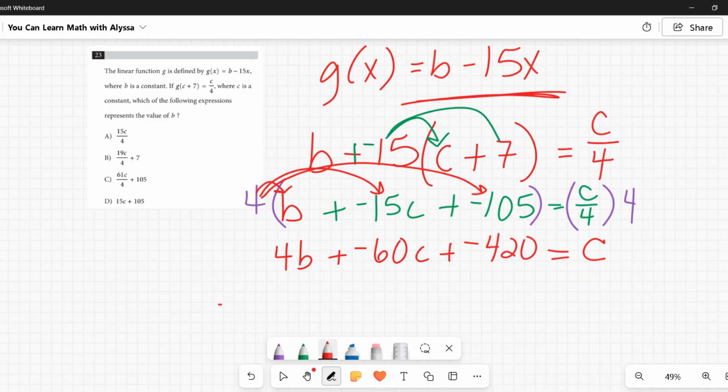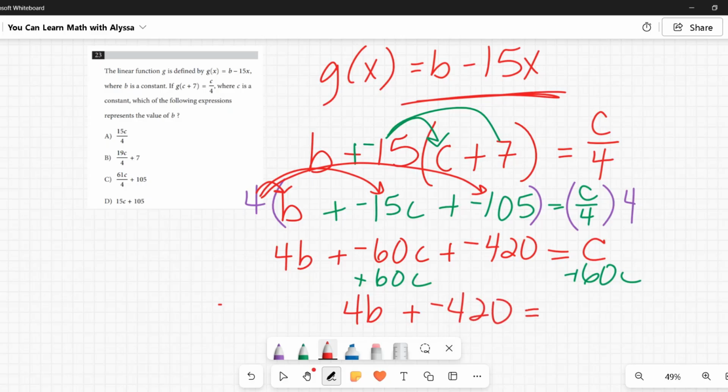So I'm going to move everything that's not b over to the other side, and then solve for b. So first I'm going to add 60c to both sides, and I get 4b plus a negative 420 is equal to c plus 60c, which is 61c.